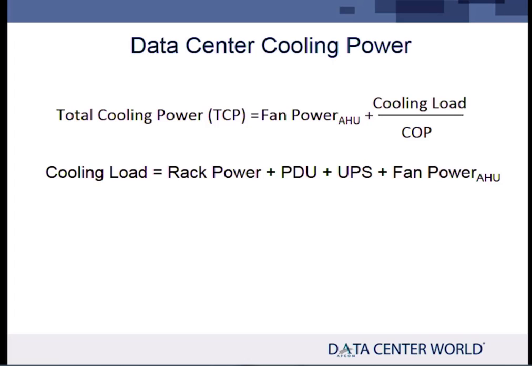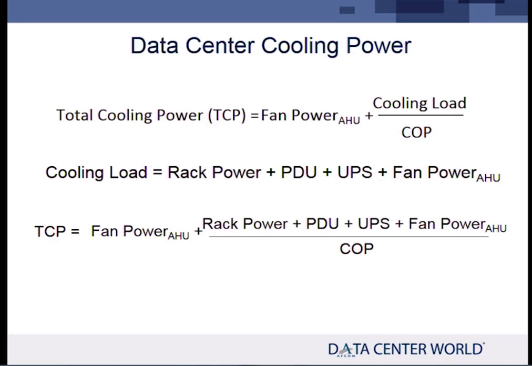And although they have a good purpose in many cases, in other cases, they're just generating heat. So total cooling power is the fan power for the air handlers. That's going into the room. Plus here on the numerator, you've got rack power plus PDU power plus UPS power. Those are leakages. Fan power again. So you pay for it twice. You pay for it once to put it in the room, and you pay to pump it back out. And that's how it works.